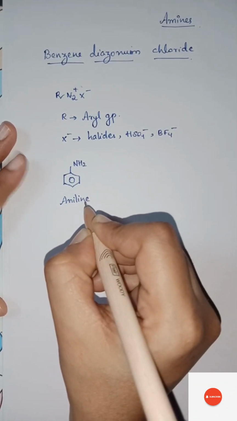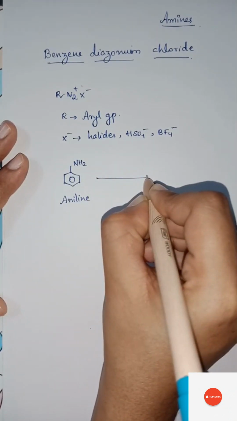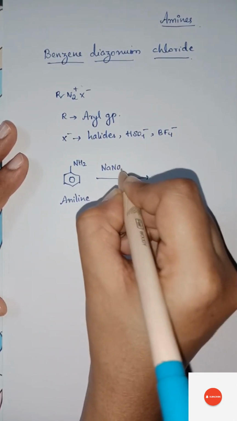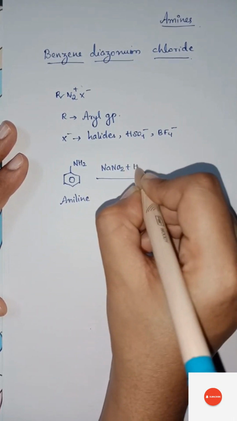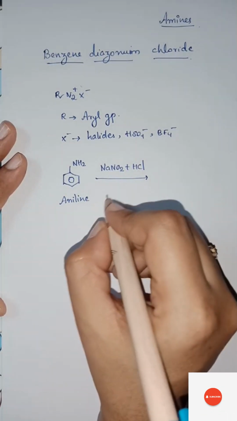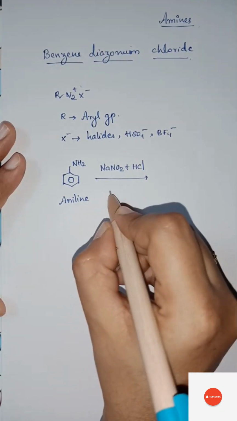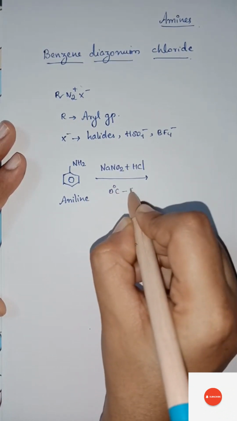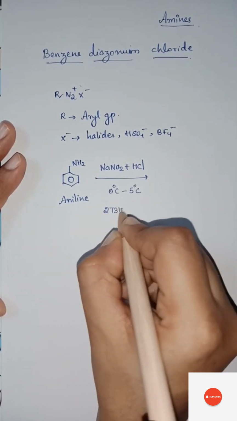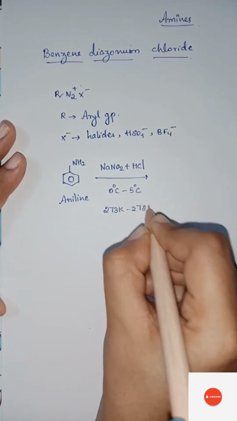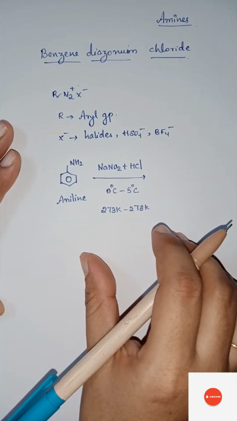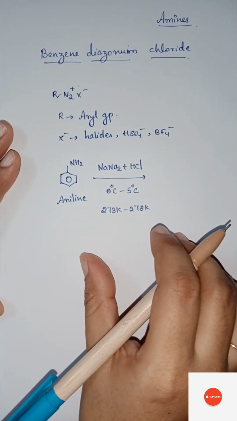This aniline reacts with a reagent like sodium nitrite along with HCl, hydrochloric acid, and the entire condition should be around 0 degrees Celsius to 5 degrees Celsius, which means 273 Kelvin to 278 Kelvin. Like this, in ice cold condition we can prepare benzene diazonium chloride.